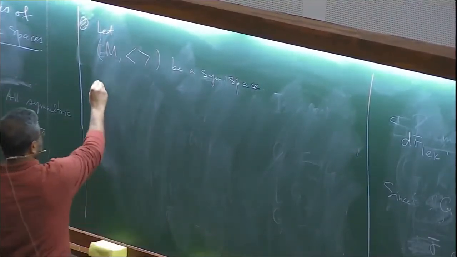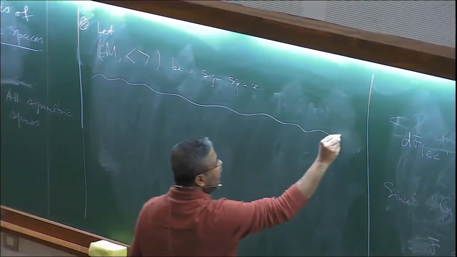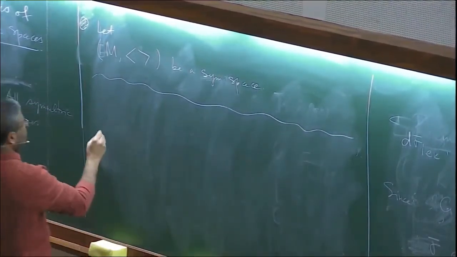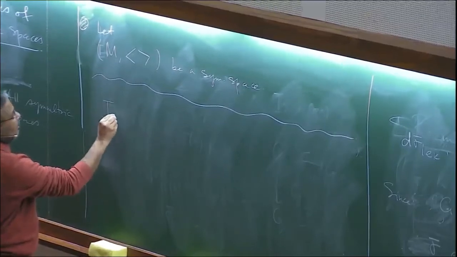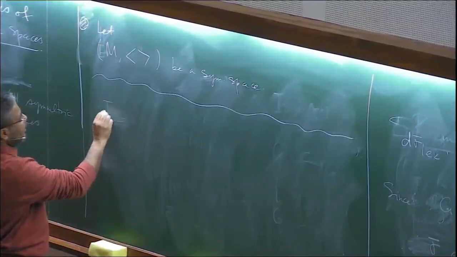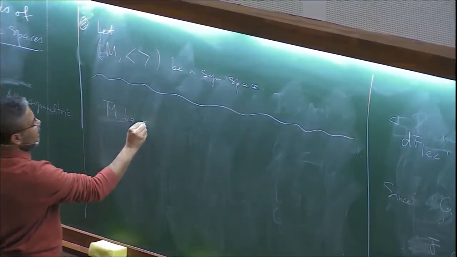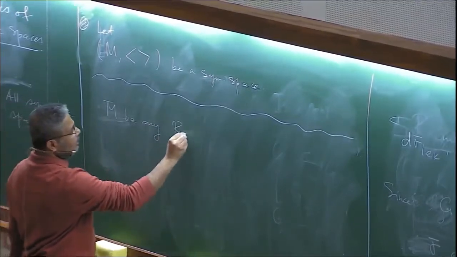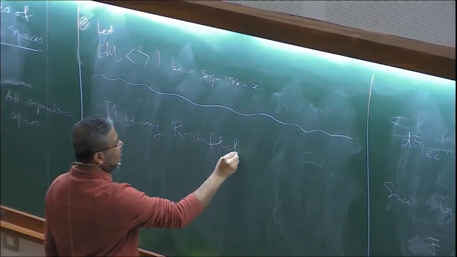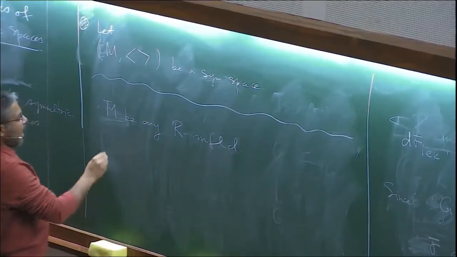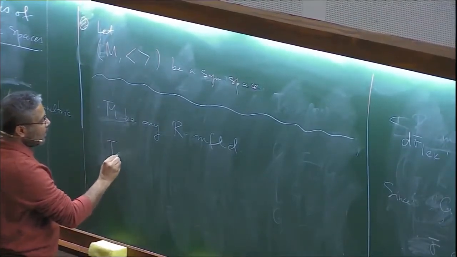This is something very general before I go into other details. So I consider any Riemannian manifold M, and I consider the group of isometries.